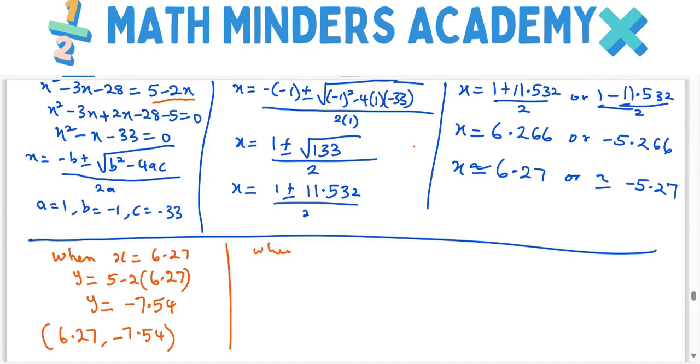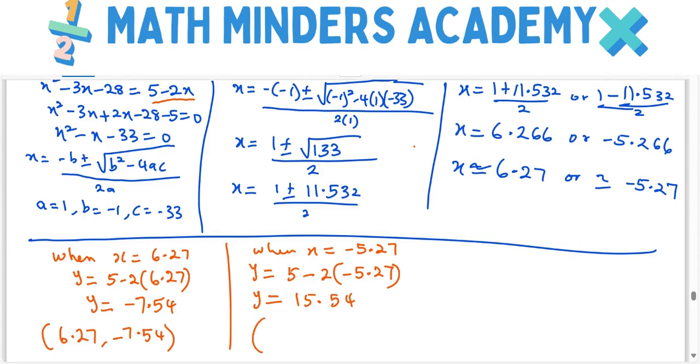We'll go again. When x equals minus 5.27, y becomes 5 minus 2 times minus 5.27. So y becomes 15.54.